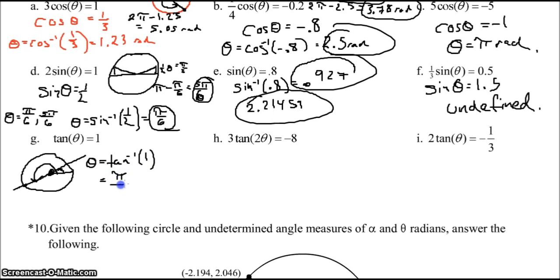We'll get pi over 4. And notice that, let's see, how do we get to the other side here? Notice that it's just like going pi plus pi over 4 to get to the other side, which is 5 pi over 4.